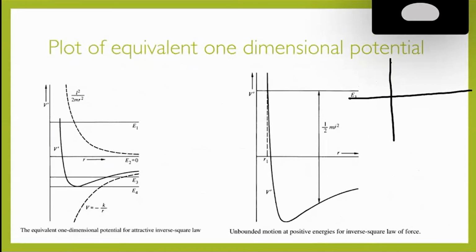Okay, when your K is equal to L square by 2m, what will be happening? It is 0 potential. Otherwise, for L square by 2m, the plot is this.